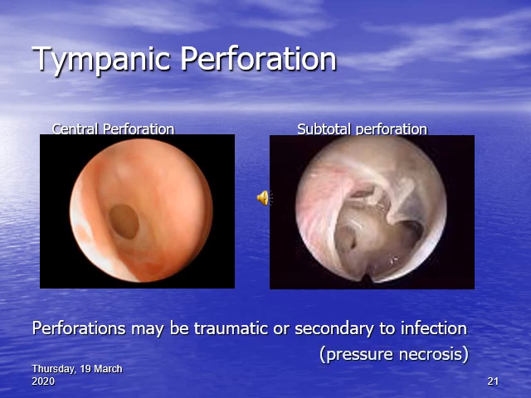Here we will talk about the diseases of the tympanic membrane. The tympanic membrane is mostly affected by perforation, and there are multiple types of perforation according to the size, site, and causes of this perforation.